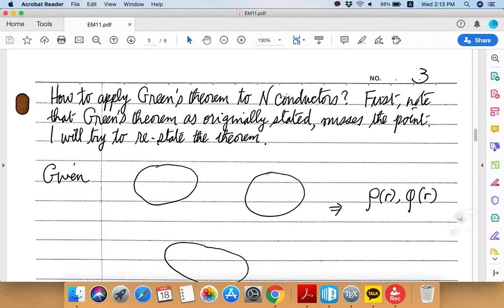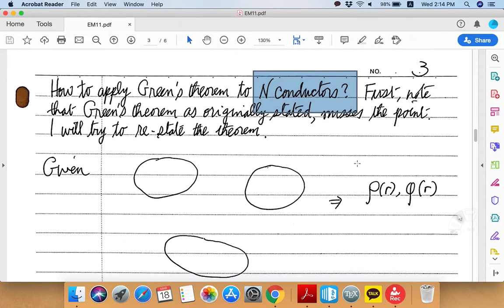Okay, so that was the statement of the Green's reciprocity theorem. But how do we apply that exactly to the situation consisting of n conductors? That's not that obvious at first sight, but first, let me restate the Green's reciprocity theorem, not in the way that I have originally stated 2 minutes ago, but in a different way.